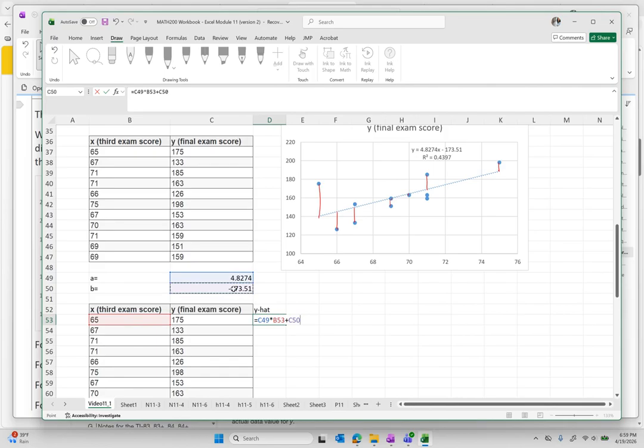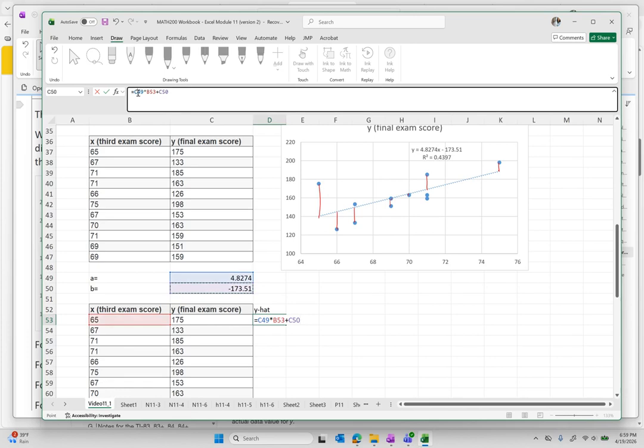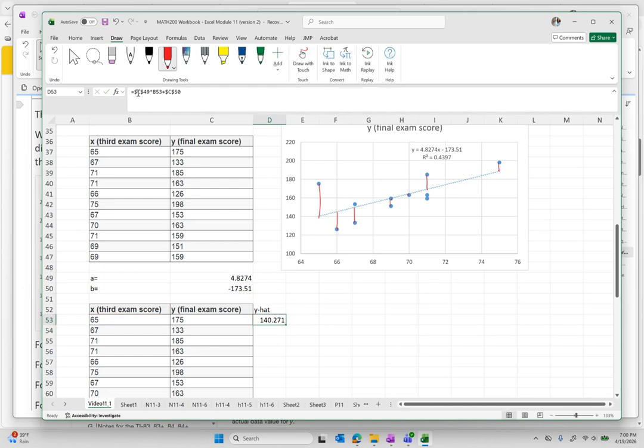And as I copy for the other values of x and move downwards in my table, I want those values for a and b to stay the same. So I'm going to put dollar signs in front of the column and the row, just for a and b, not for the x value. I want the x value to come with me as I move.